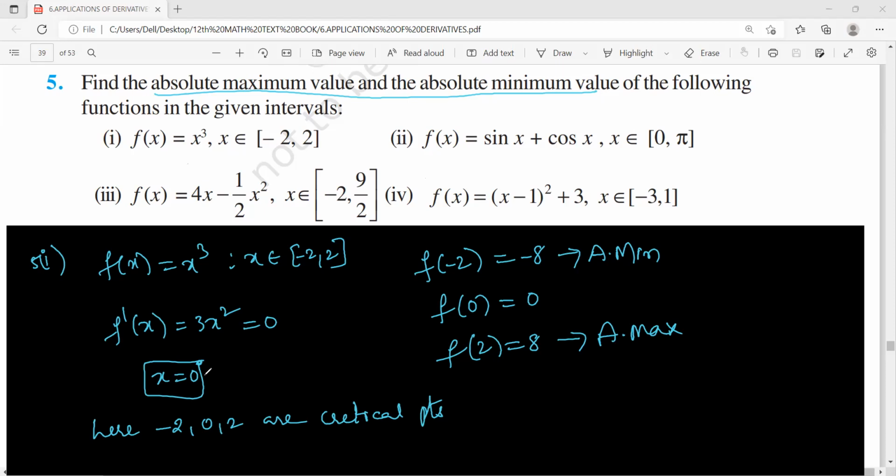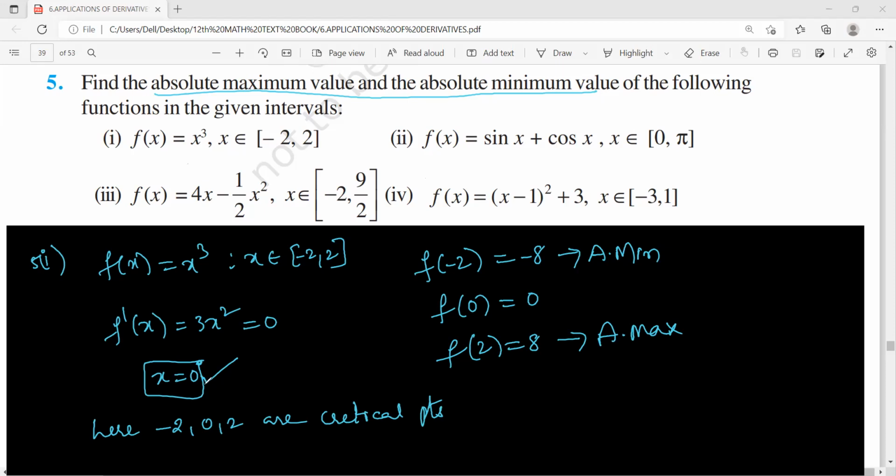That means you got critical points where you may have maxima or minima. Here we don't need to do the second derivative test. The second derivative test is only for finding local maxima and local minima.